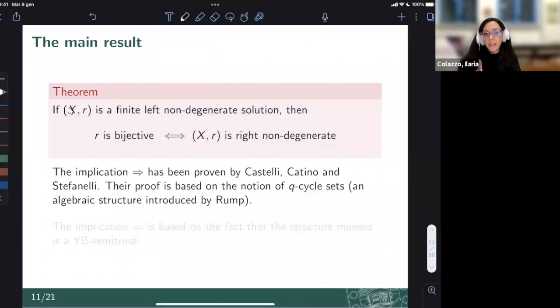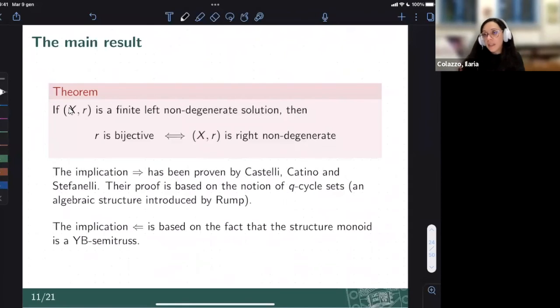The implication that bijective implies non-degenerate was proved by Castelli, Catino, and Stefanelli, and the proof is based on an algebraic structure that generalizes cycle sets, introduced by Rump, called Q cycle sets. For the other implication, at least for our proof, we really need the notion of YB semitruss and the fact that the structure monoid of a left non-degenerate solution is a YB semitruss.